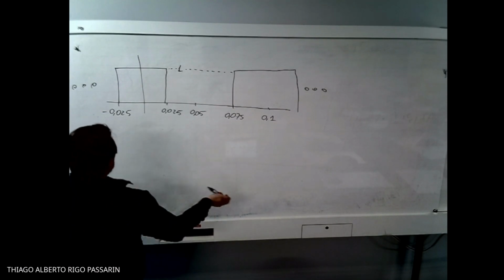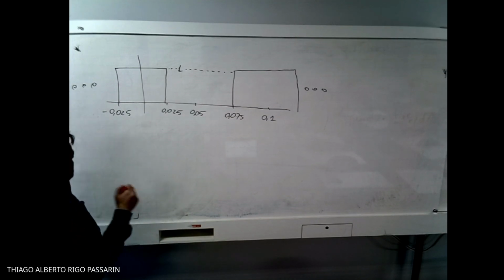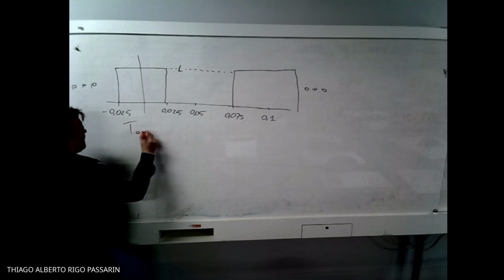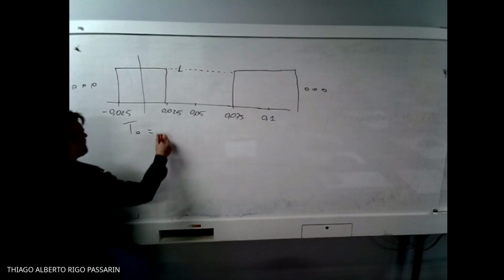Okay, so I want to compute the values of dn for this signal. But first, what's the period for this signal? 0.1.